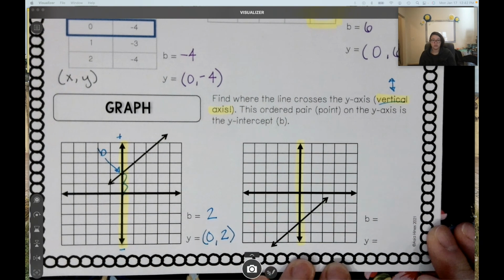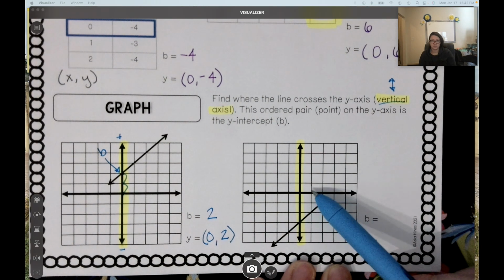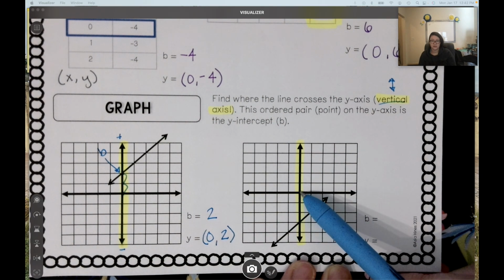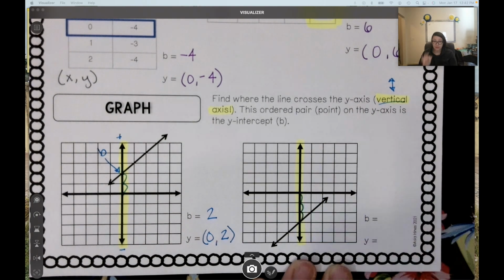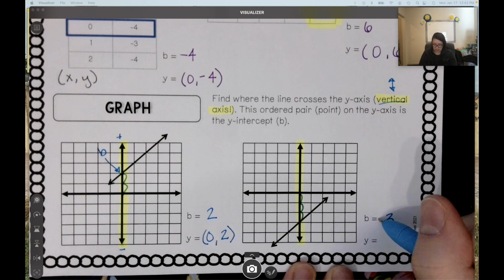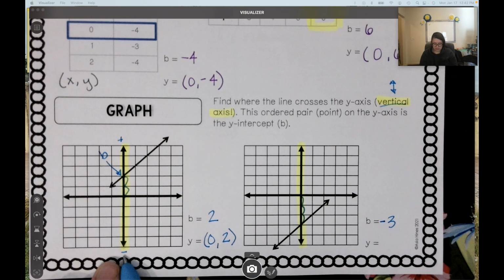This next one, what direction do we go from our origin for our y-intercept here? Now we're going down. We go down 1, 2, 3 spaces. How do we show that it's going down again? We write that 3 as a negative. Because like we said over here, if we go down, that's negative.